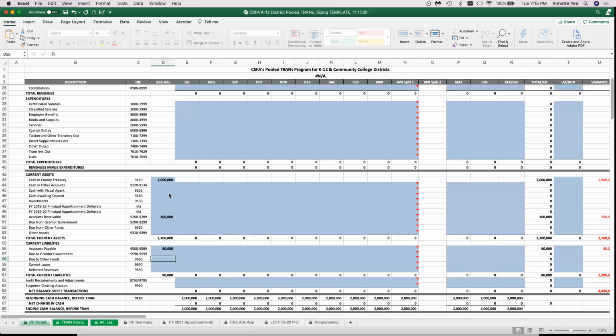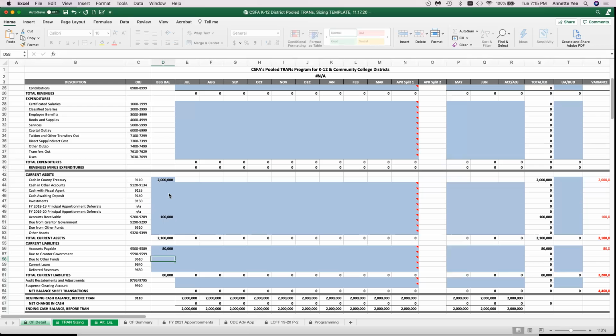Maybe we didn't get the invoice in time. We also have situations where we might have borrowed some money from another fund and did not pay that money back. That would be an example of due to other funds. Or we might owe the state of California some money back, and that would be a due to a grantor government. Those are just some of the liability accounts that we might have at year end.